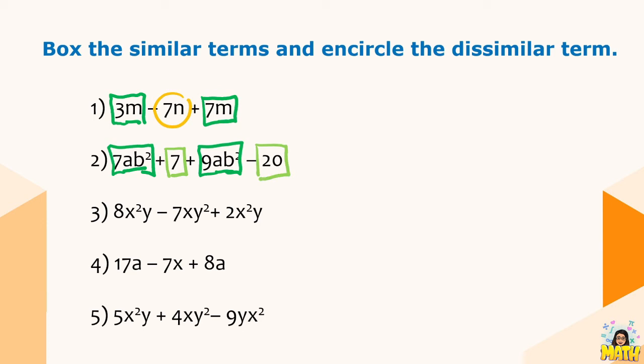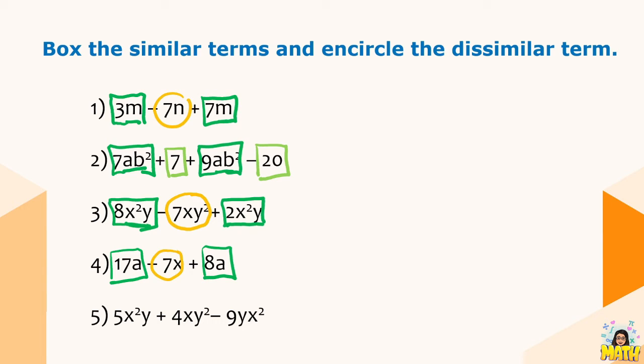Number 3, they must have the same literal coefficient with the same powers. So, here we have x squared y. Meron din tayo ditong x squared y. The last one is dissimilar because ang exponent na 2 ay nasa y at wala sa x. Next, number 4. Obvious naman, we have the literal coefficient, letter a. These two are similar terms, while the remaining 7x is the dissimilar term.